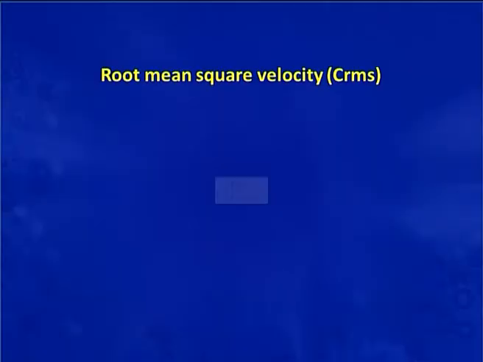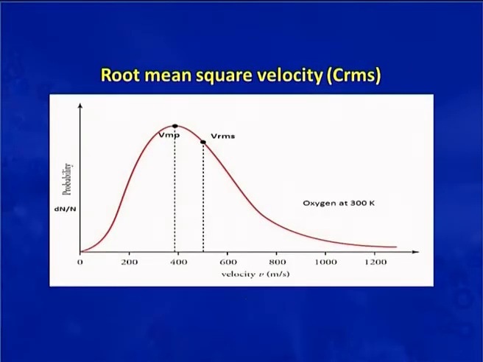Let us discuss root mean square velocity. Root mean square velocity is represented by the symbol c_rms, and is defined as the square root of the mean of the squares of the different velocities possessed by the gas molecules at a given temperature.